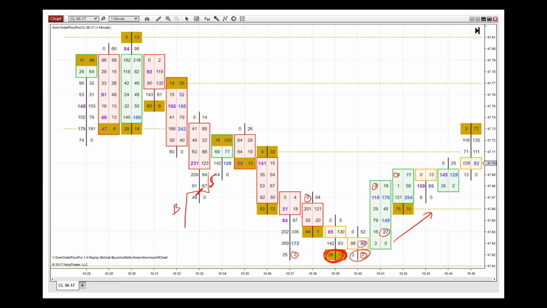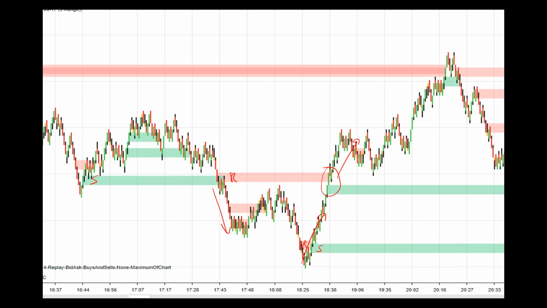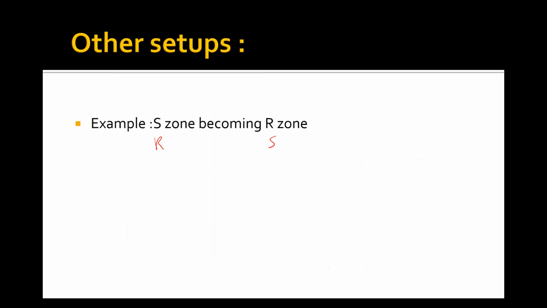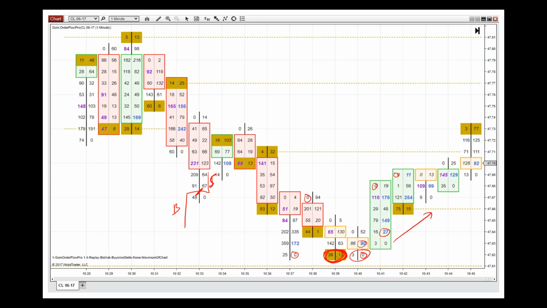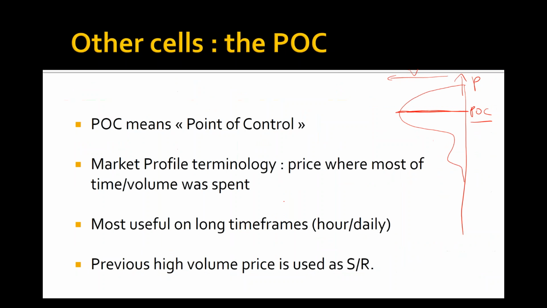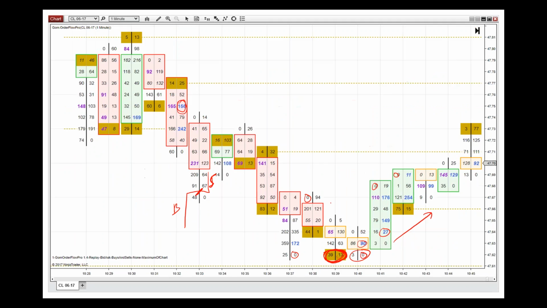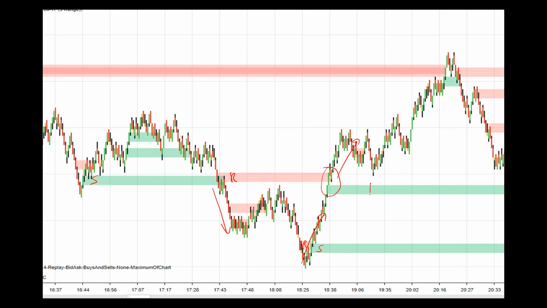I'm not sure I understand what you mean by the box, but everything that appears here is plotted in real time, so it does plot the imbalances. And if what you mean is the support and resistance areas here, yes, they're plotted by the indicator.